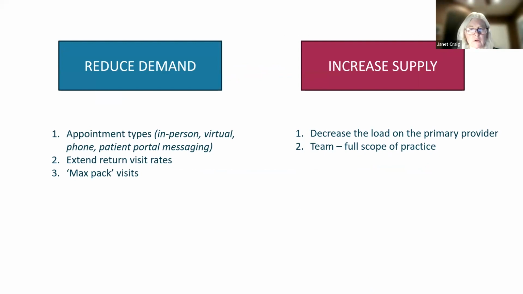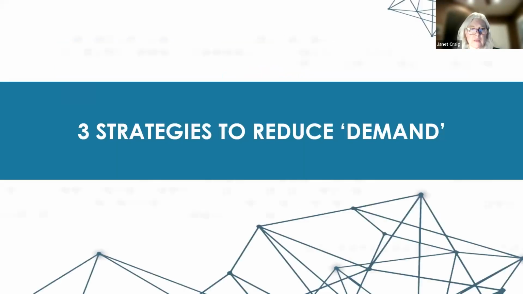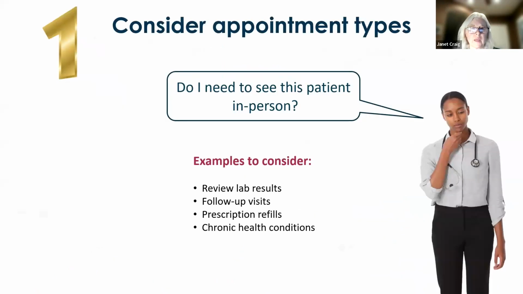All right, so we're going to go through these in more detail. The first one is to think about your appointment types. Traditionally in the past, all our appointments were done in person, but now we have a few other options. We can do appointments virtually, or we can send messages to patients via patient portal if your EMR has one and if you use it. So, think about, do I need to see this patient in person?